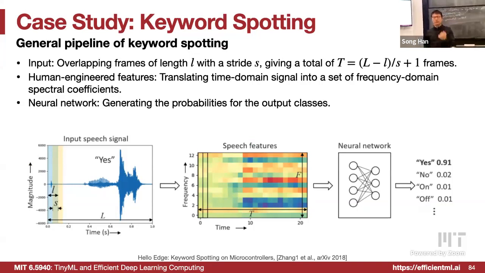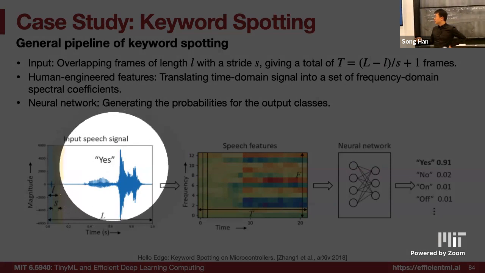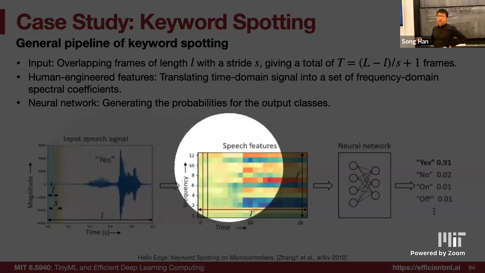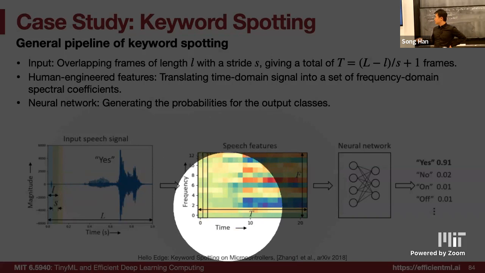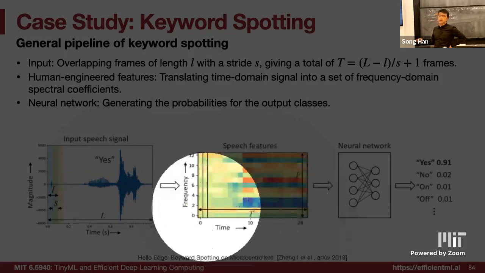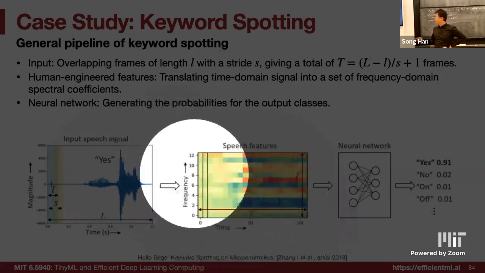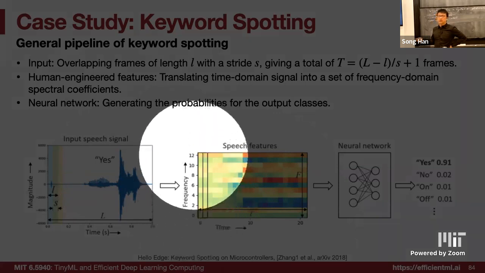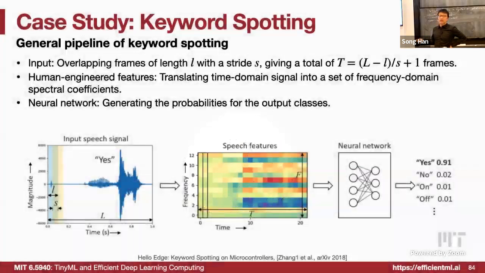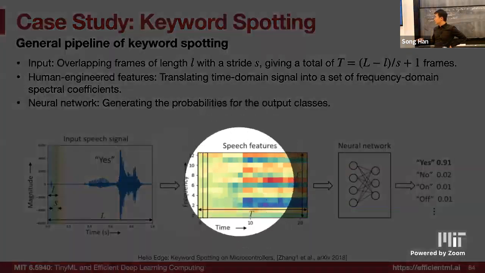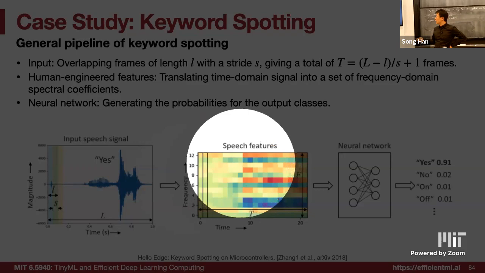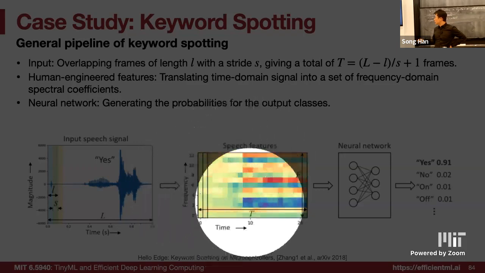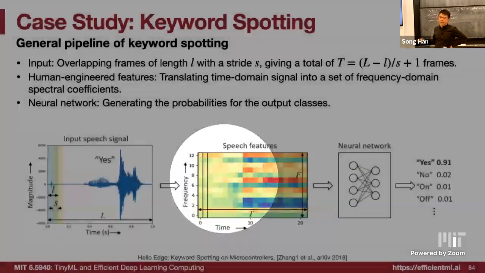audio problem into a visual problem, because we can convert the speech signal, like here, yes, into a 2D feature map. The x-axis is the time dimension, the vertical dimension is the frequency dimension, and the strength indicates the power spectrum on different frequencies, so that we can do convolution on the 2D feature map.